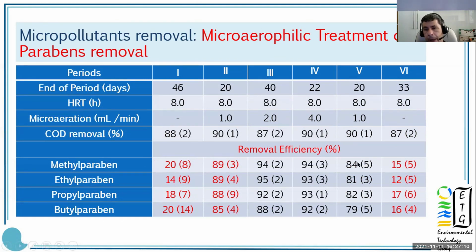And here in period 6, when we remove the microaeration, the efficiencies decreased sharply to the same range found in period 1, therefore showing that microbial adaptation was not the reason for this increase in removal efficiency.